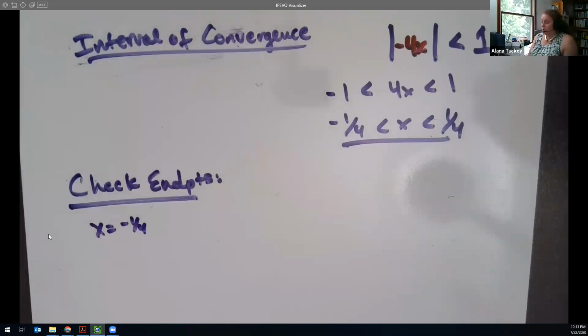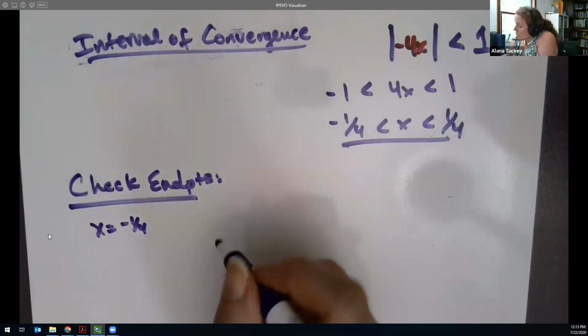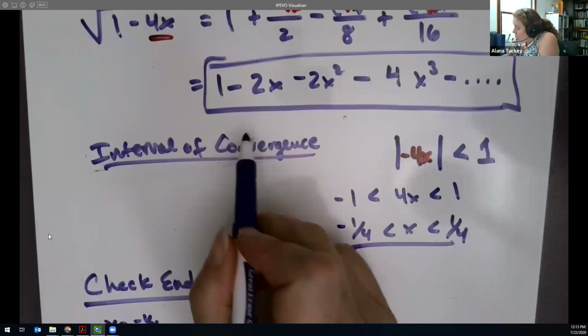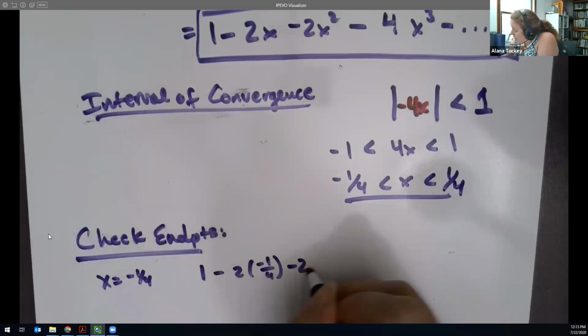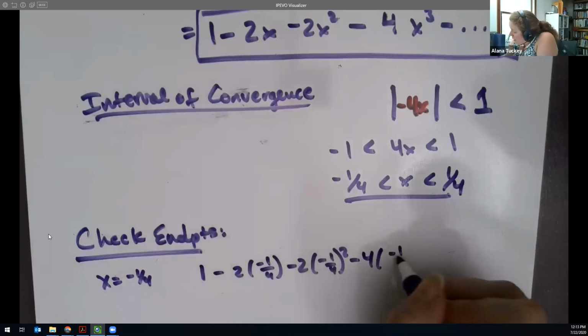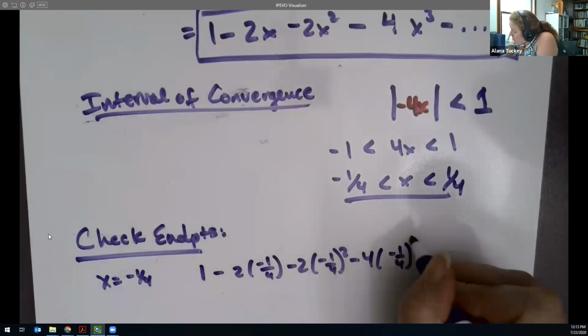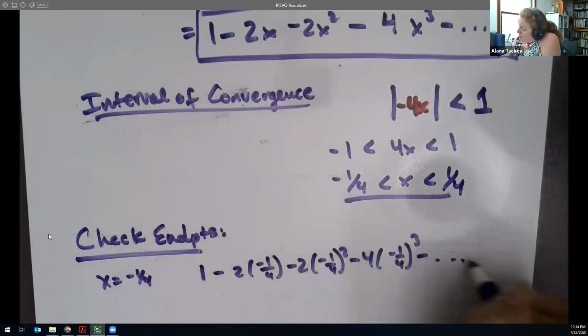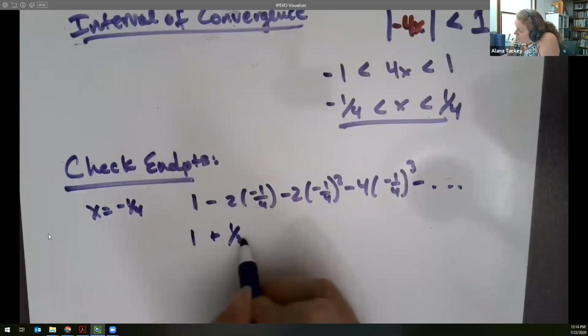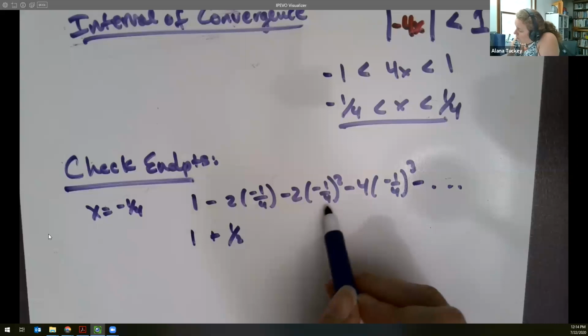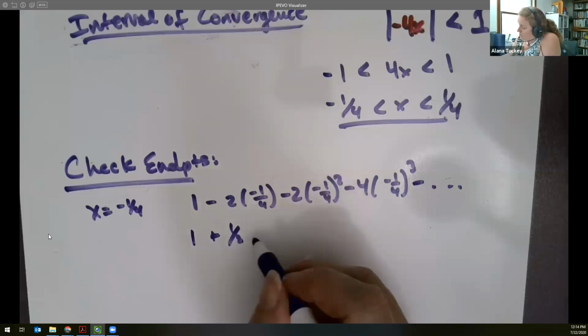You'll see what happens. So when I put in negative 1/4 for x here, I'll have 1 minus 2 times a negative 1/4, minus 2 times a negative 1/4 squared, minus 4 times negative 1/4 cubed, minus blah, blah, blah. Okay, so that's 1 plus a half, minus 2 over 4, so that's minus a half, right?